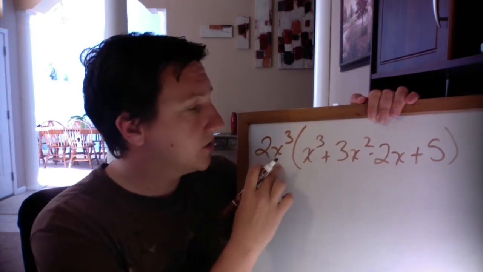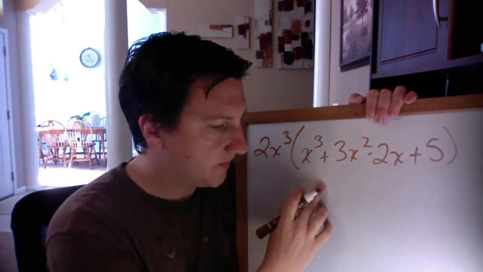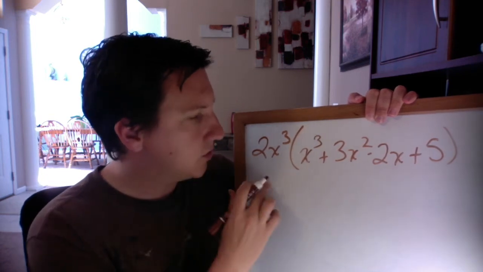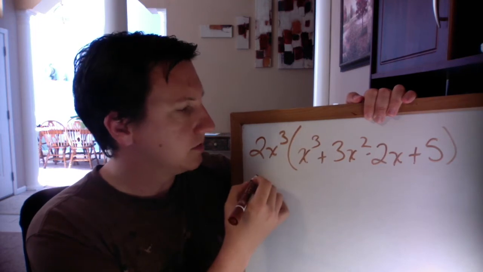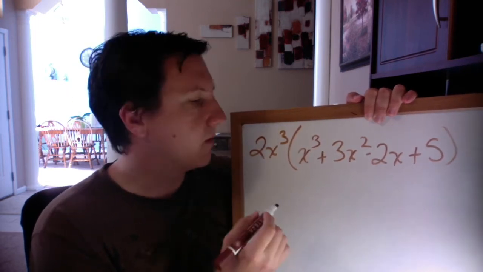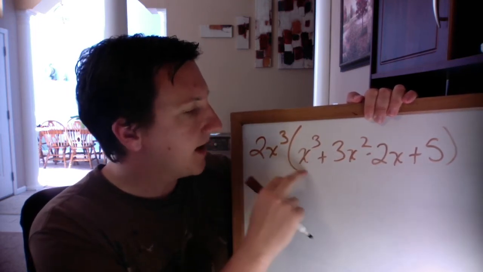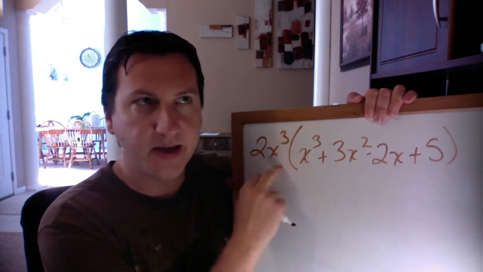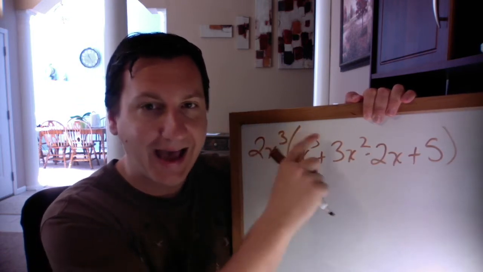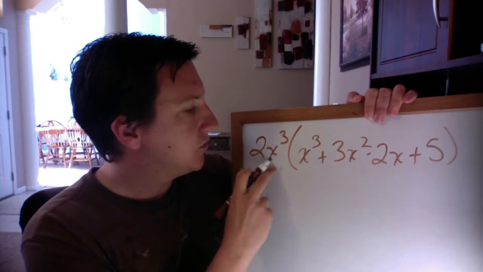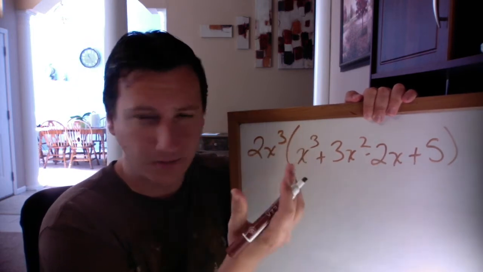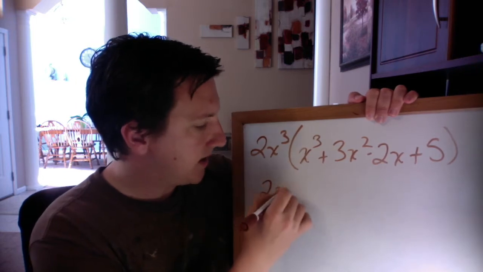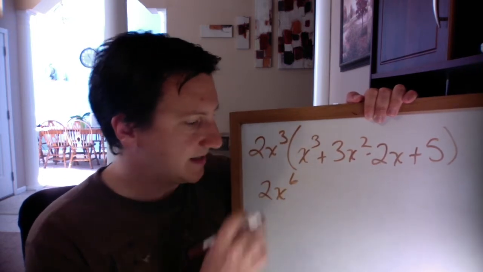So 2x cubed times x cubed. Now, that is not 2x cubed. Remember, when we are multiplying the same base, we add the exponents. So 2x cubed times x cubed, which is the same as 1x cubed, would be 2x to the 6th.